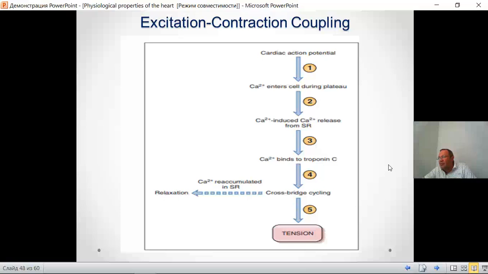Number 3 and number 4. Calcium ions released from the sarcoplasmic reticulum cause the intracellular calcium ion concentration to increase even further.